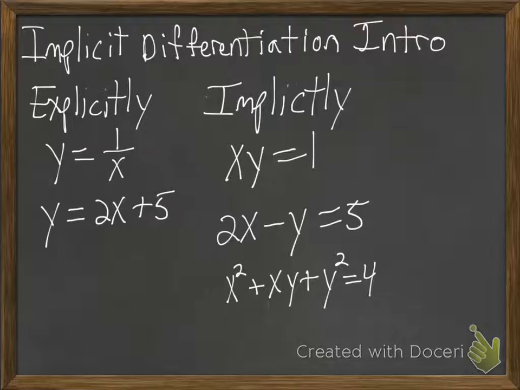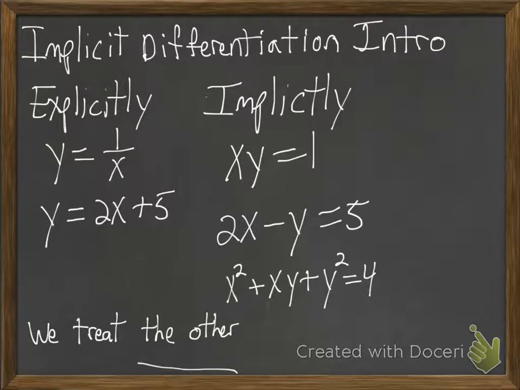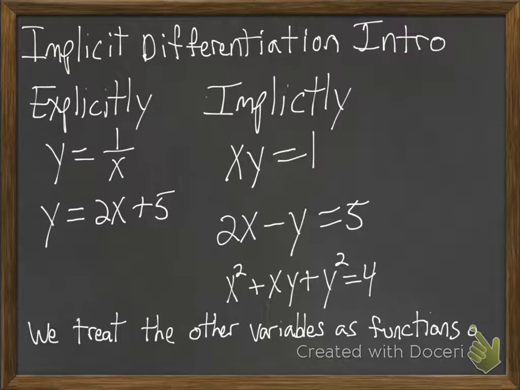The first one is that we treat the other variables as functions of x, even if they may not be actual functions of x. They may end up being some relation. We still treat it that way.